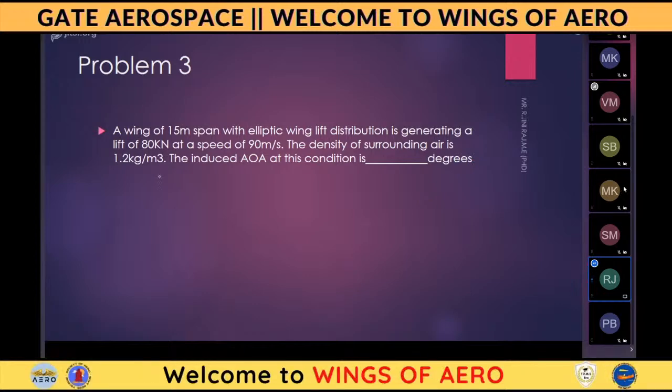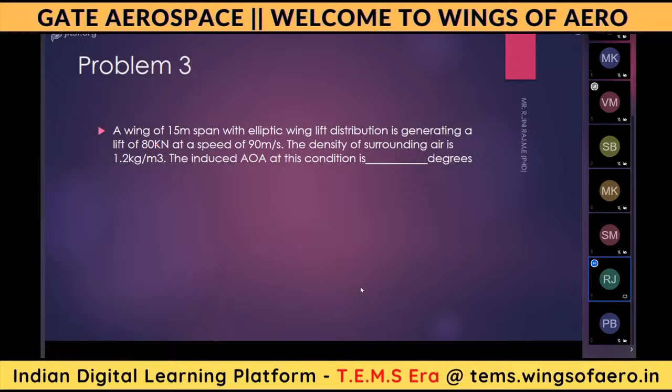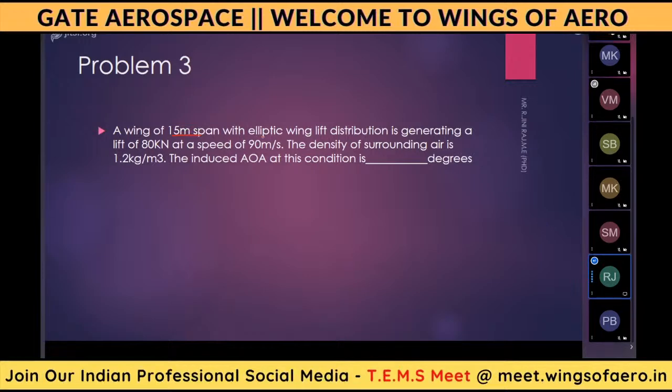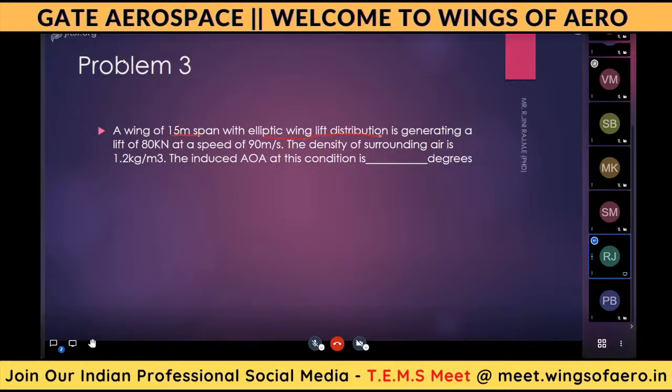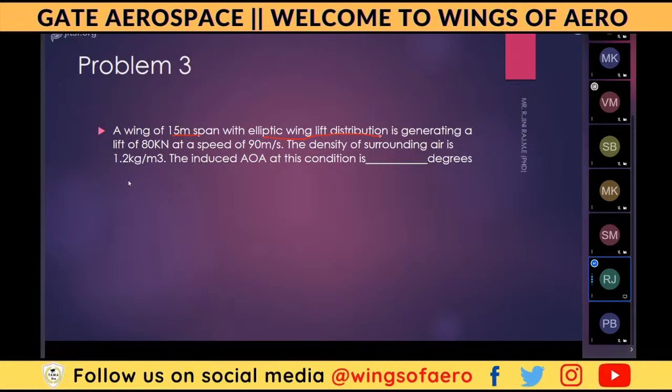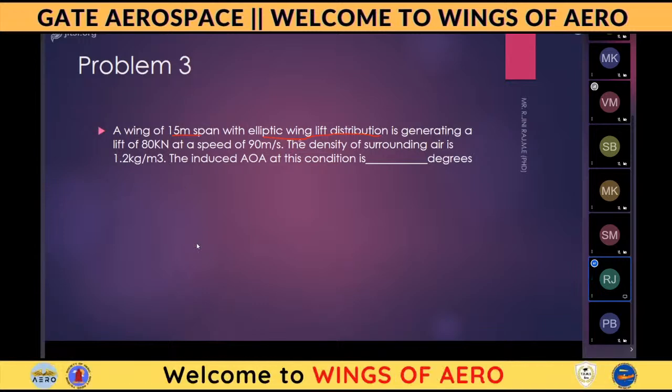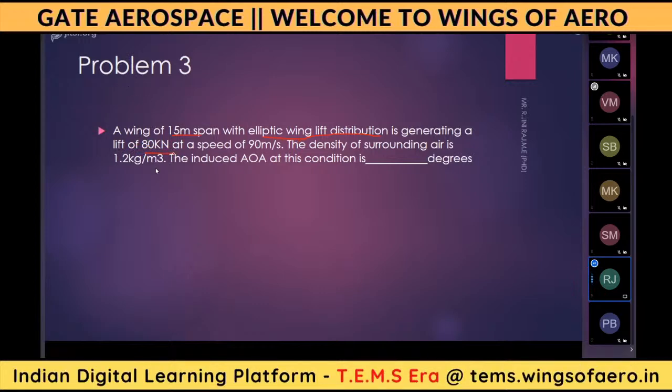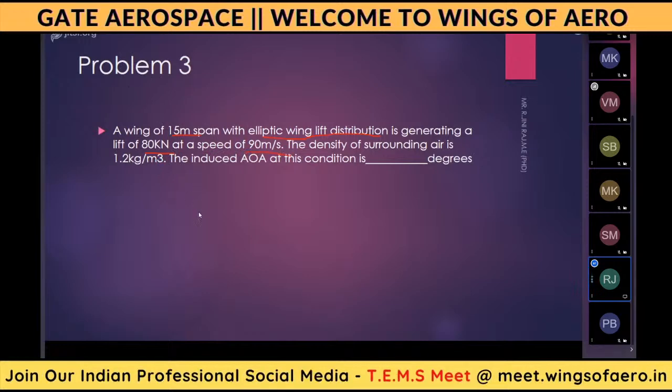So our next problem: a wing of 15 meter span with an elliptical wing lift distribution. We have studied elliptic wing lift distribution, and this problem is also focused on it. It is generating a lift of 80 kilonewton at a speed of 90 meter per second, so V infinity is equal to 90 meter per second.